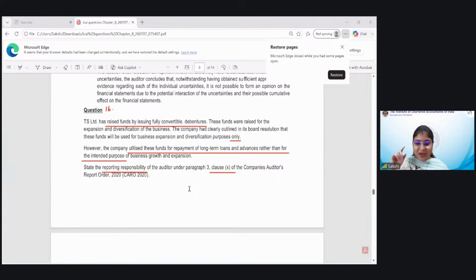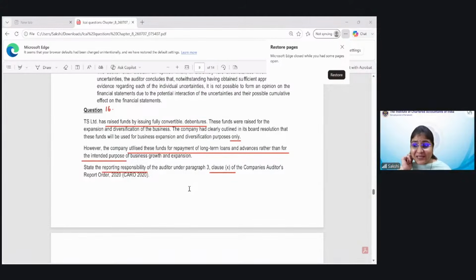What did I say? If the money is raised by way of IPO, FPO, and it has to be applied for those very purposes for which it was intended. And if it is not used for that purpose, you have to give the details together with the DDS, delays, default, and subsequent rectification, if any.